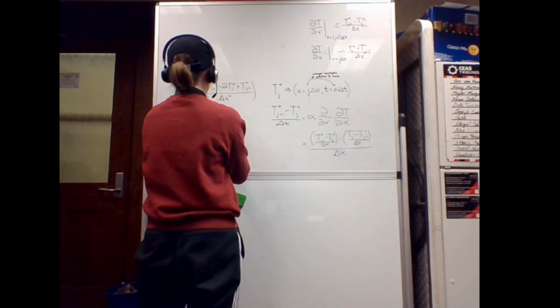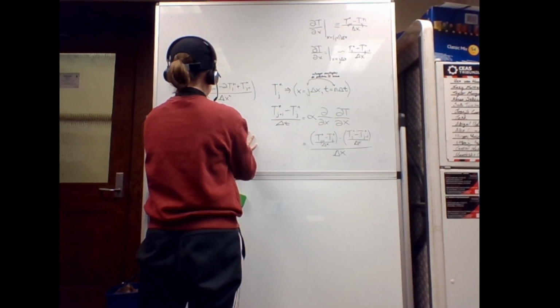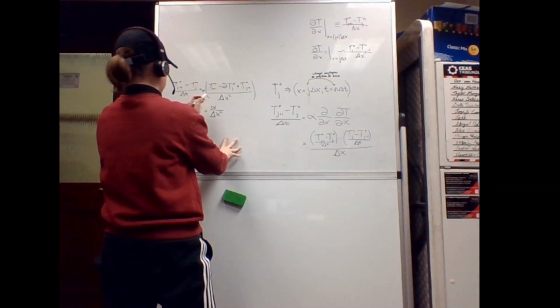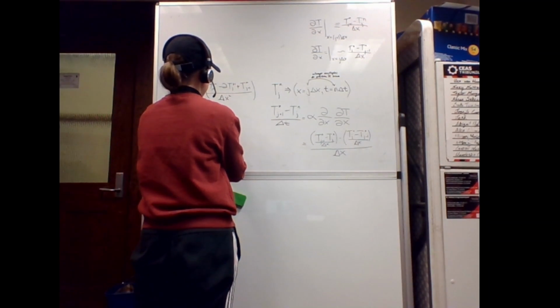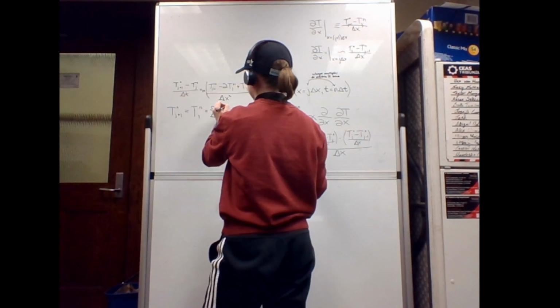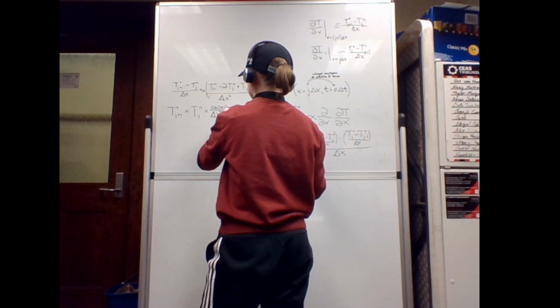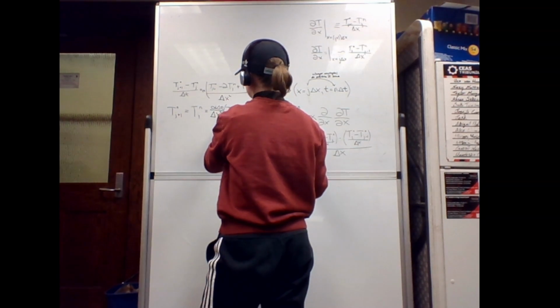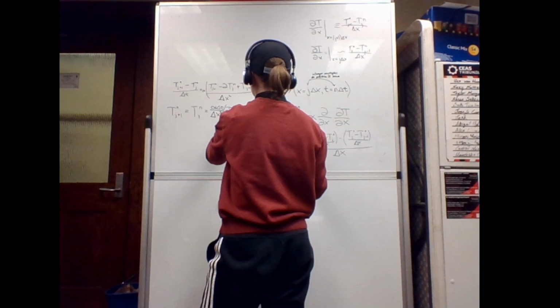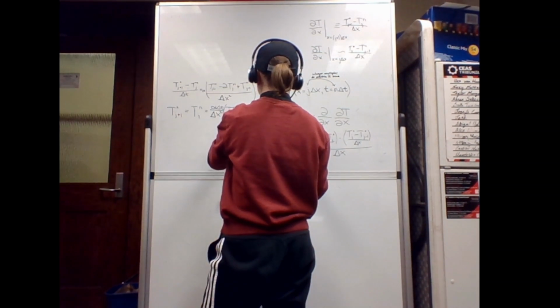So we're going to have alpha over the change in x squared, and then we multiplied it by the change in time, change in t, and then we write out this T to the n for time. T j plus 1 is equal to 2T j to the n plus T j minus 1 to the n.